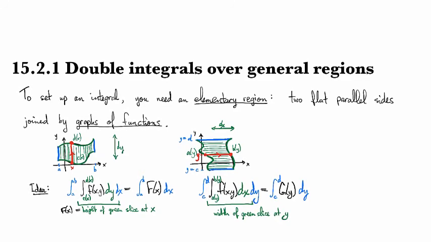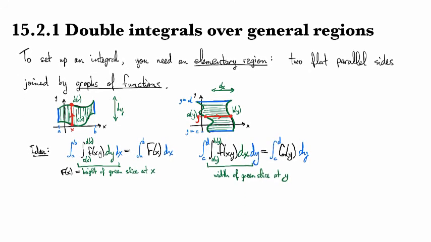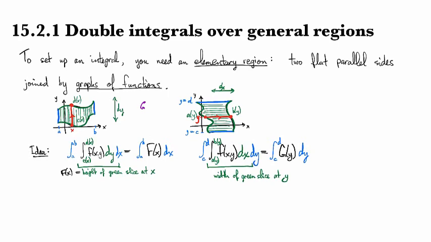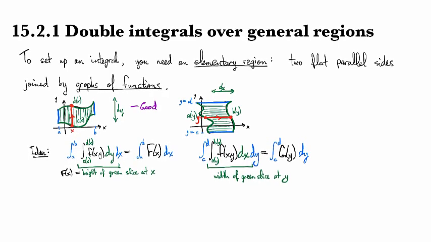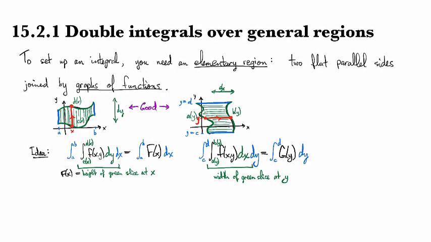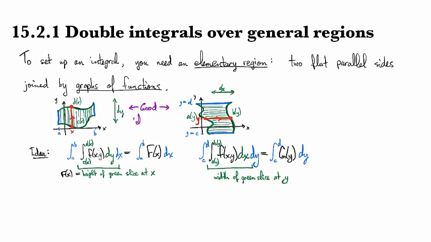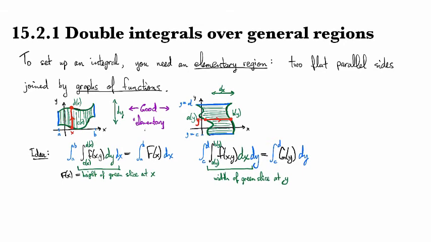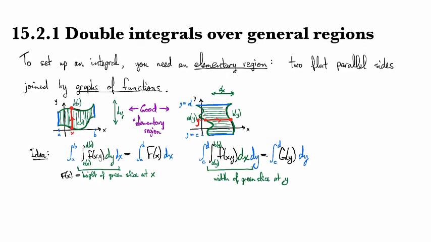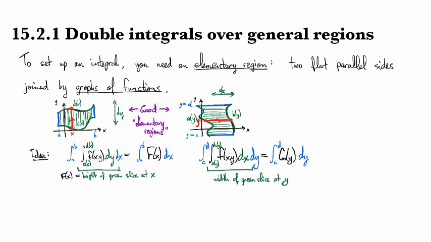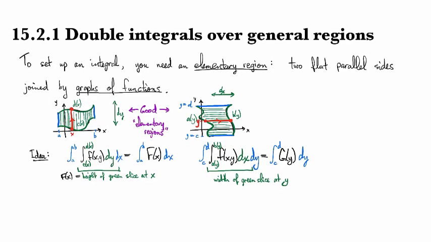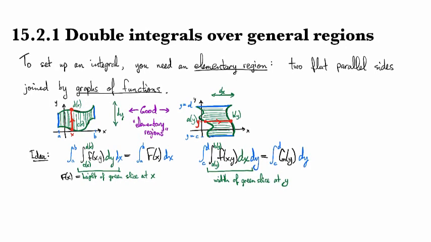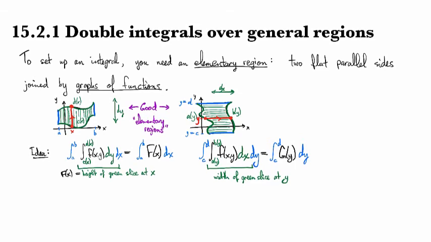So these are both good regions, or what we call elementary regions. If you have something that does not look like one of these, then you have to cut it up and partition the domain so that it does look like it.